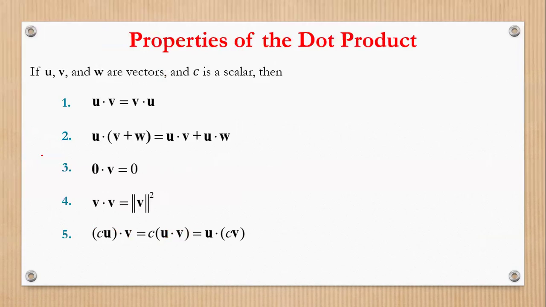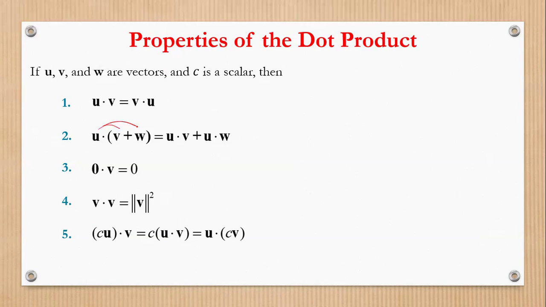The dot product of a vector with the sum of two other vectors is the same as the sum of the dot products of that vector with each of the vectors in the parentheses. So u times (v plus w) is the same as u times v plus u times w. It's kind of a distributive property.